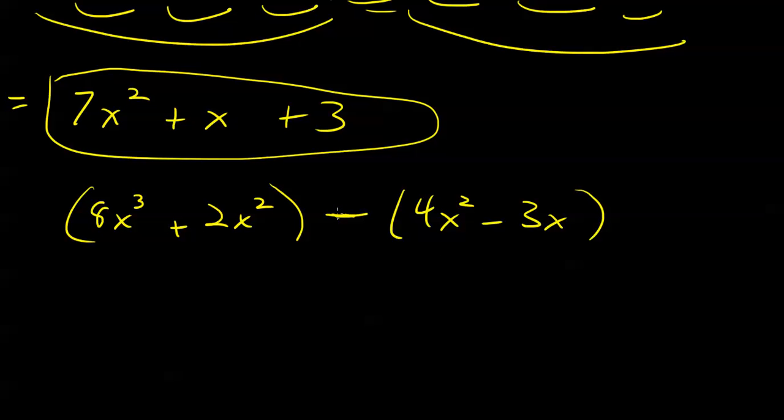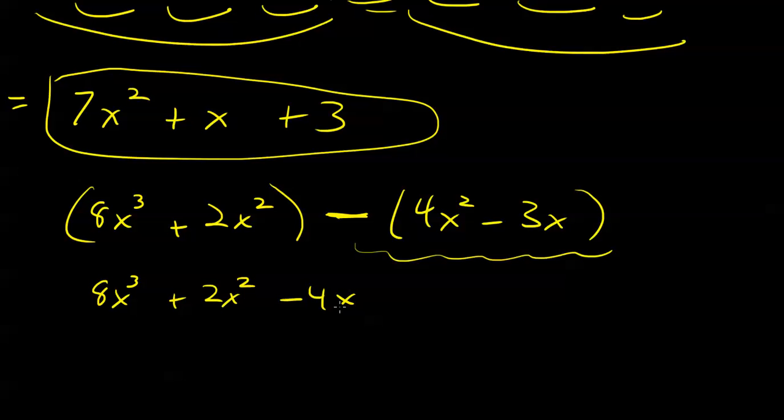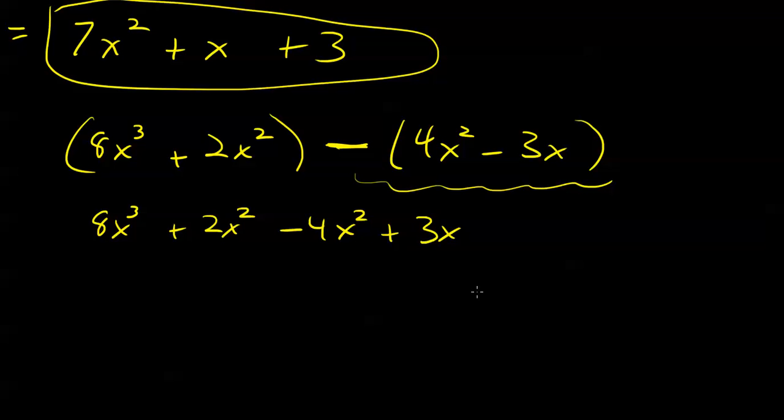Alright, well, when I'm negating a sum or a difference, you've got to change the sign, basically carry this negative sign through in order to drop those parentheses so I can combine like terms. So let me do that. I will carry that negative sign through, changing the sign of all terms in the polynomial I'm subtracting.